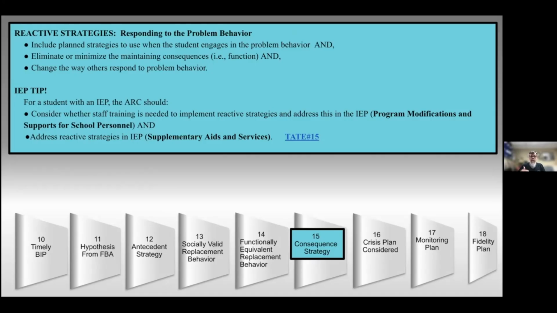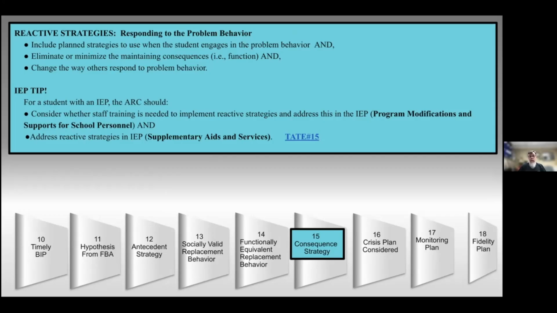Just tell them, all right, guys, this is the behavior that I expect from you. These are things that I expect you to be able to do in my classroom. And so you have to change how you respond to that behavior. In order to change a behavior, you change how you respond to that behavior, not how the student responds, but how you respond to that student using that behavior. That's where we get change. That's how we get change.